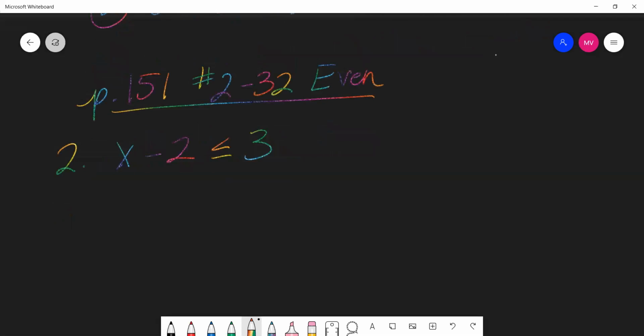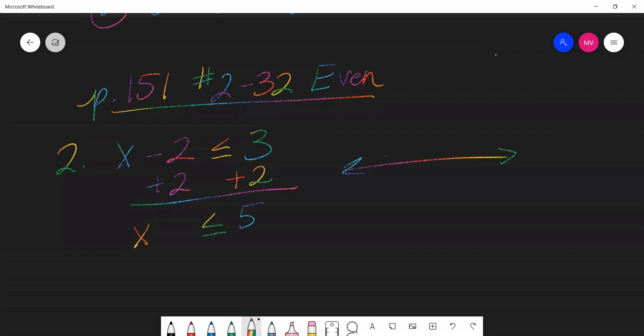So what do we need to do? Just like with equations, we need to isolate our variable and solve for x. So we add 2 to both sides, the addition property of equality, and we get x must be less than or equal to 5.